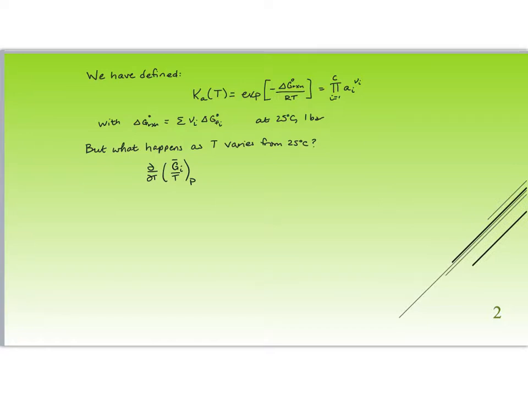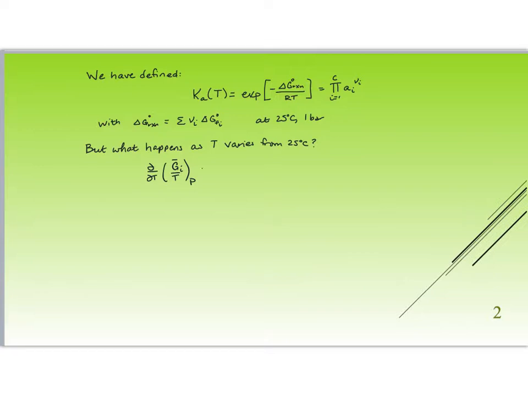If you recall, originally this was developed from looking at the partial molar Gibbs energies. I could also do it for pure species. I can do any of these and get similar sorts of results with some modest changes, mostly in notation as far as the visual goes. But I want to know how the G over T expression is going to change with temperature while I hold the pressure constant.